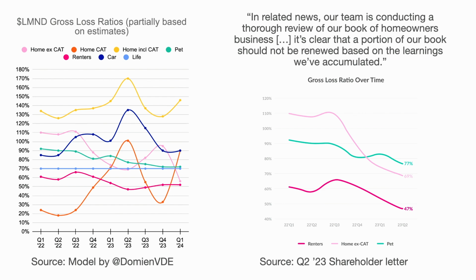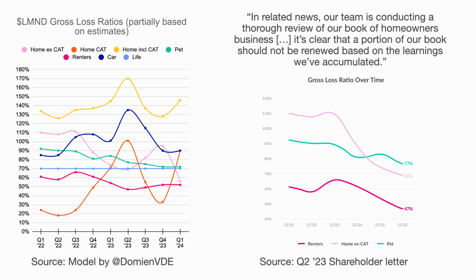Next, what else did they say? They said, in related news, our team is conducting a thorough review of our book of homeowners business. Okay, great. We can see in my graph from my model why that would be. The loss ratio of homeowners was 170%. And they conclude it's clear that a portion of our book should not be renewed based on the learnings we've accumulated. Okay, perfect.